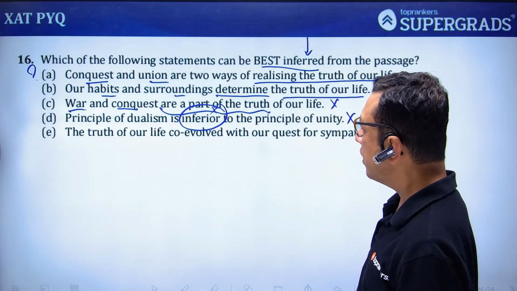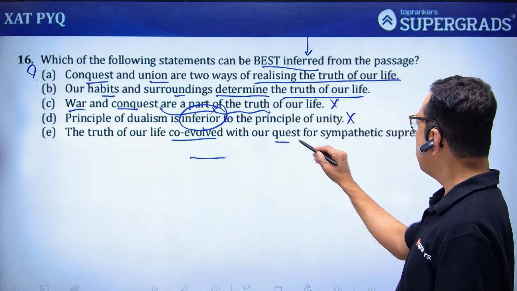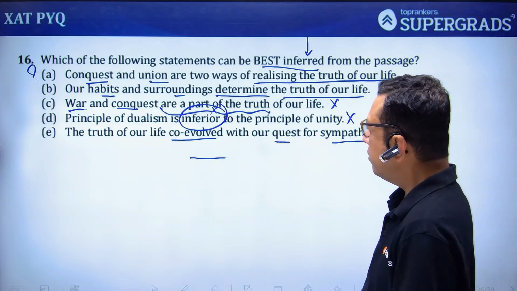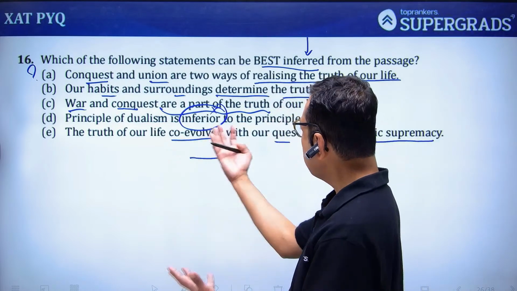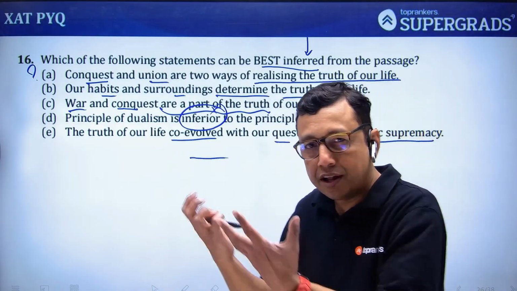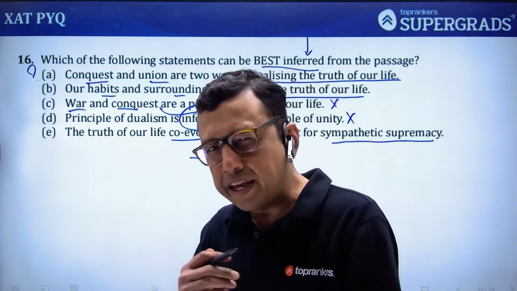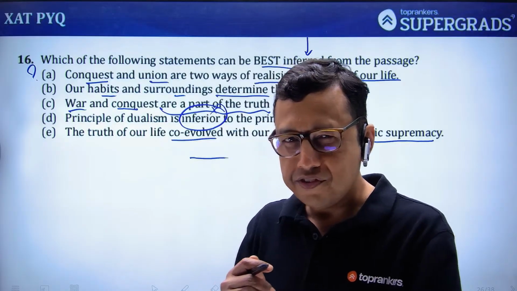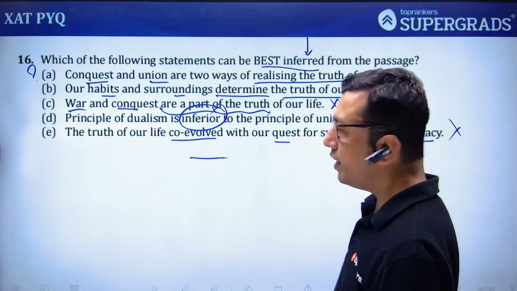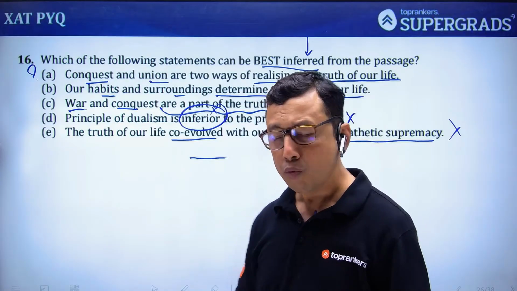The truth of our life co-evolved with our quest for sympathetic supremacy. Does it say that the truth of life evolved along with sympathetic supremacy? I don't think any such indication is there in the passage. So this can also be safely eliminated. We are left with options A and B. To understand them better, it seems we need to go back to the passage.